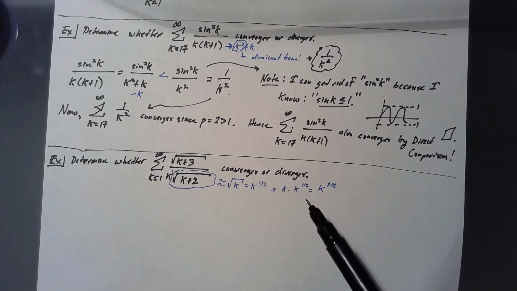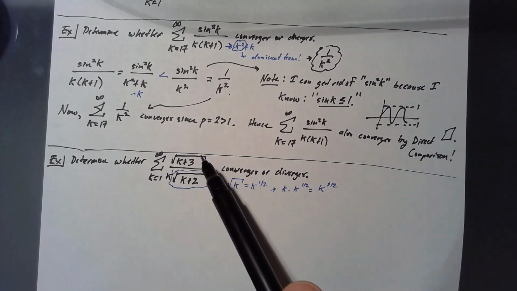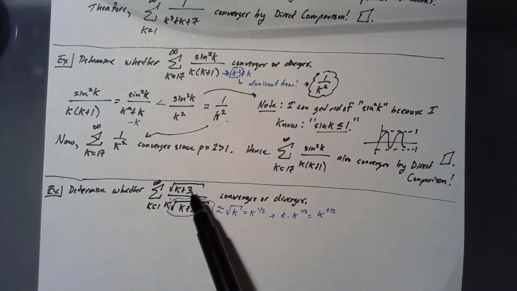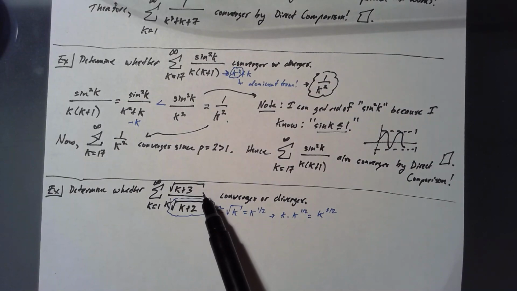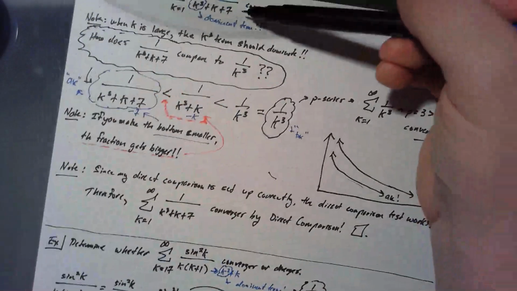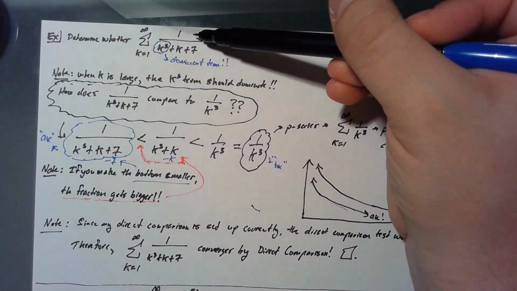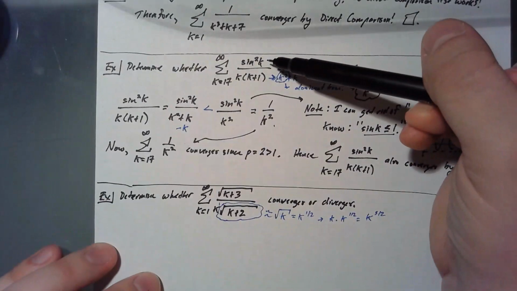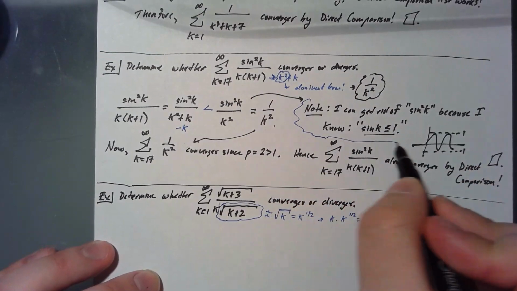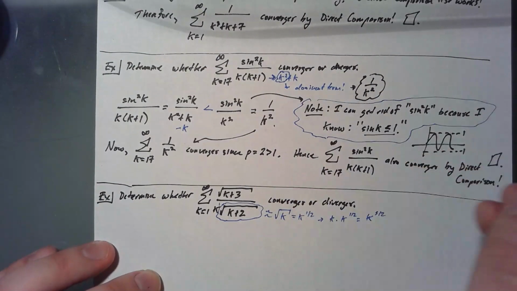But if you notice here, I don't have the luxury of getting rid of the square root of k plus 3 like I did with this one, which just had a 1 in the numerator to begin with. This one was sine squared of k, and I could get rid of it because of the range of sine of k.